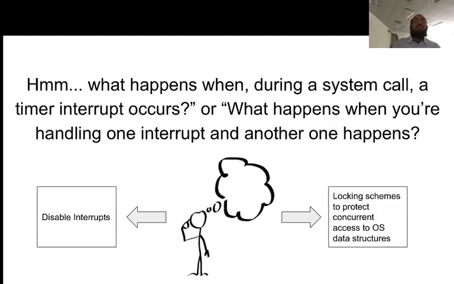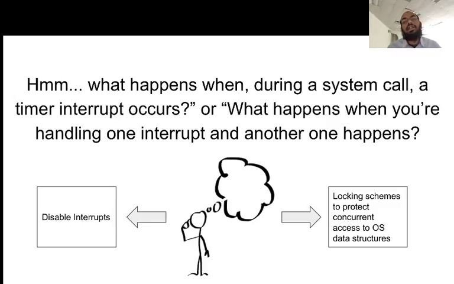And one way to enforce atomicity is using locking schemes to protect concurrent access to operating system data structures. Atomic operations are something that you will study in databases, in distributed systems, in operating systems. They are basically a function of any system that communicates.